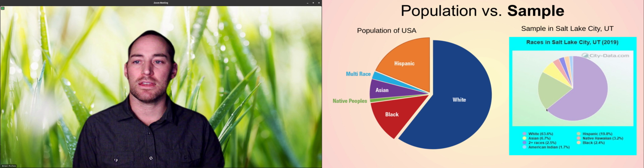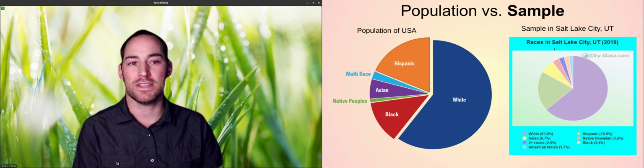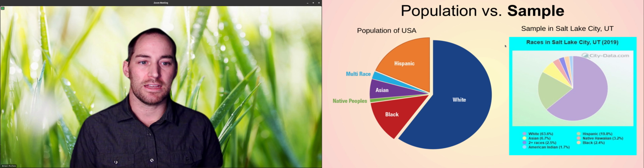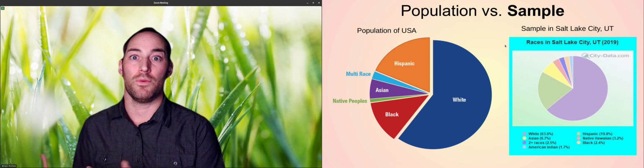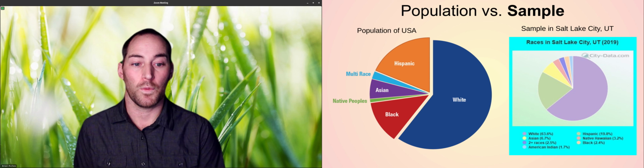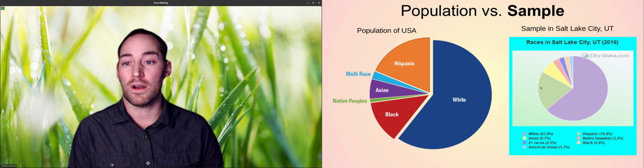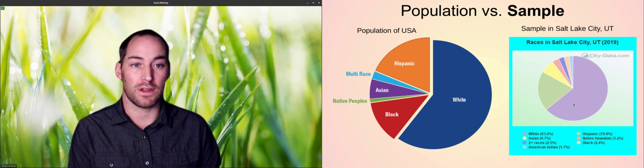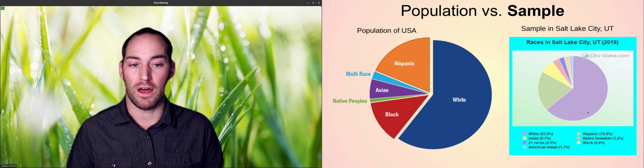So let's say we took a sample of ethnicities in Salt Lake City. Does Salt Lake City's ethnicity breakdown look different than the rest of the country's? Well, yeah, it does. There are a lot of differences here. The group that's white is bigger in Salt Lake City than the rest of the country on average.